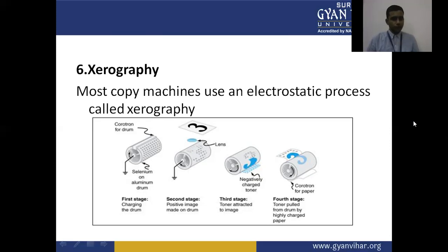Suppose we have to print a 3. So a positive image is made on the drum. After that, on the aluminum drum, we develop the negatively charged toner, which will generate the negative image of the positive charge, and the toner is attracted to the image.